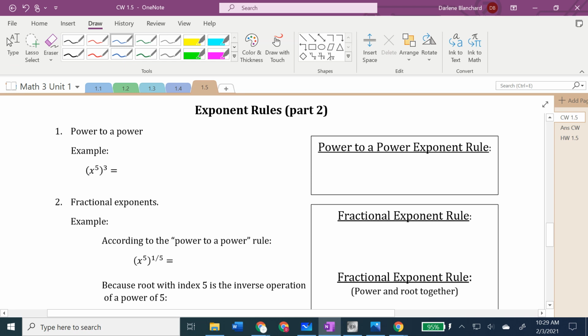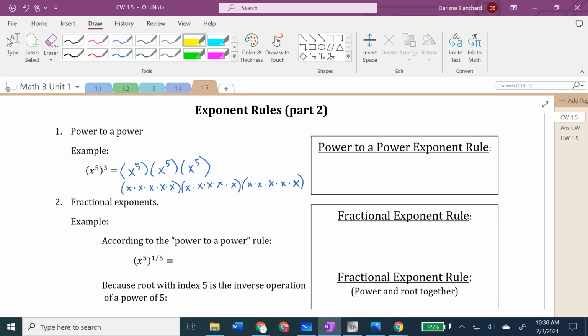Now, if I have x to the 5th cubed, I want you to think about what that is. That means x to the 5th is multiplied 3 times. And then what does each individual x to the 5th mean? It means x is multiplying 5 times. This is very cumbersome and I don't tremendously enjoy doing it, but I want you to look at that.